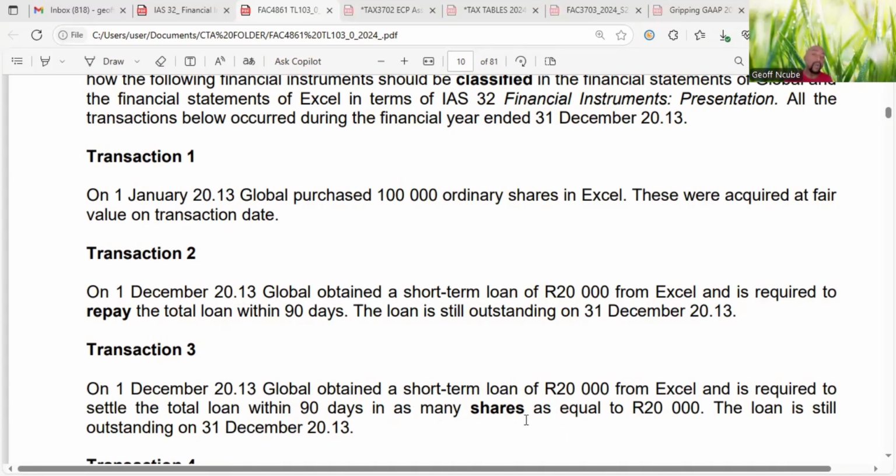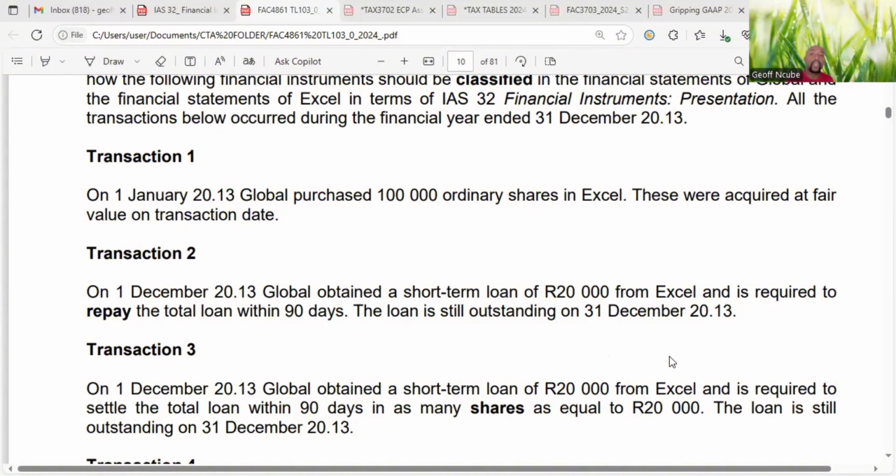So the downside of covering this using shares is that, remember, the share value changes from time to time. By the time you want to pay, you find that the share price has changed. So that will actually end up disadvantaging you, all right? Because maybe you need to issue out more shares in order to equal the 20,000.